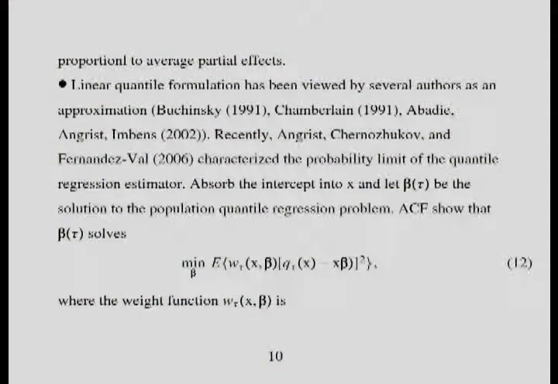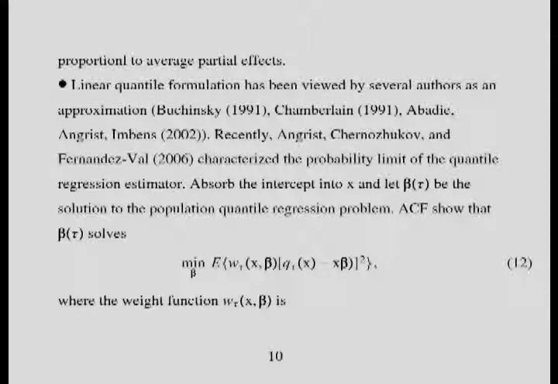So as I mentioned, this formulation of linear quantiles as an approximation has certainly been recognized for some time. But other than that recognition, there hasn't really been much formal available.